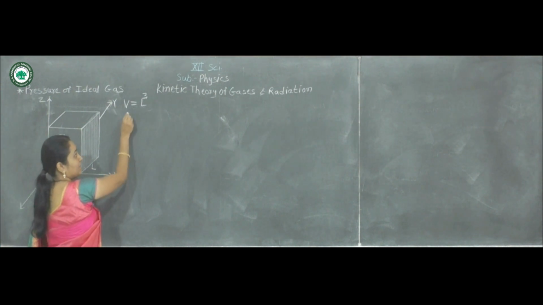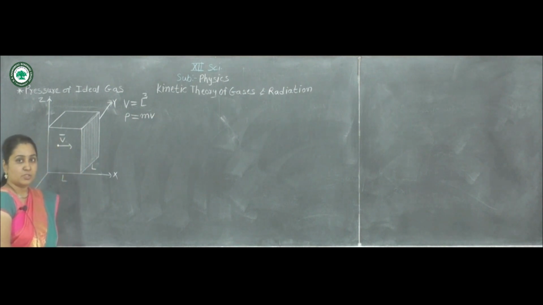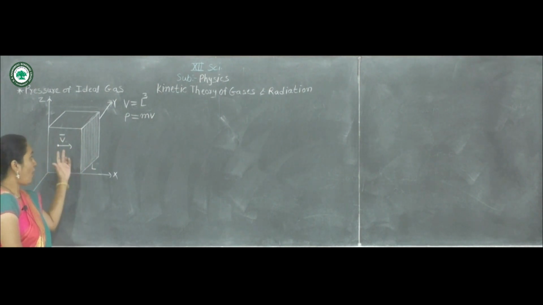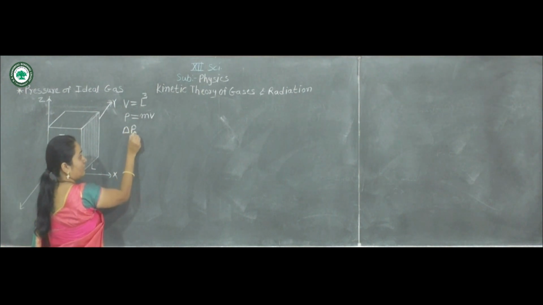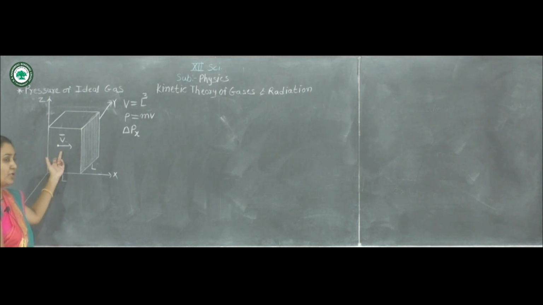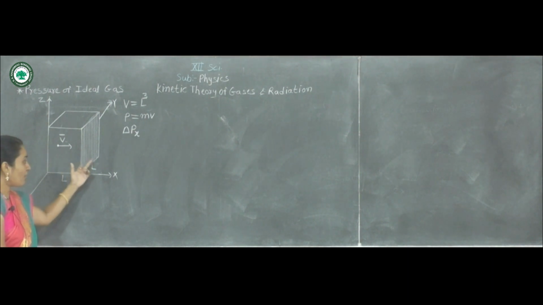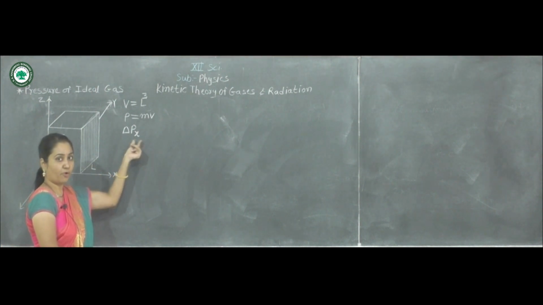The momentum is given by p is equal to mv. So the change in momentum of the gas molecule is delta px. The gas molecule is moving along the x-axis, so we are considering the x component of momentum.